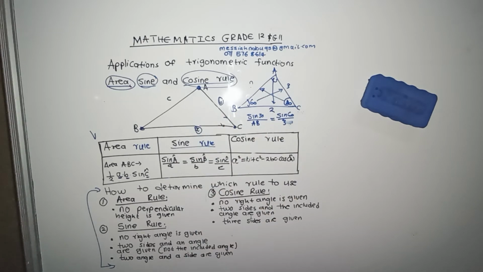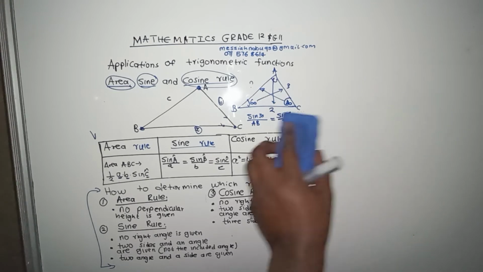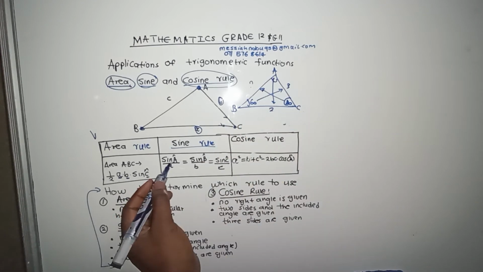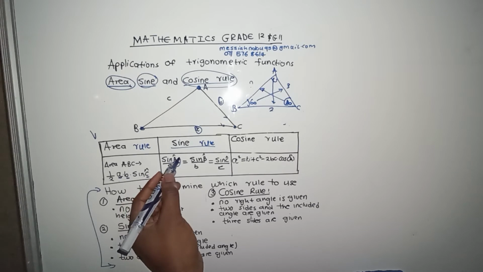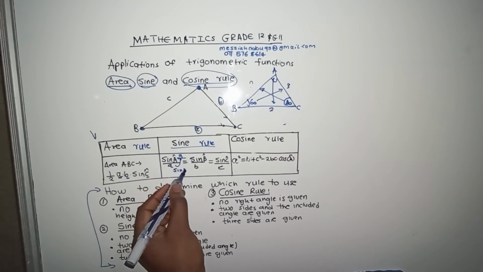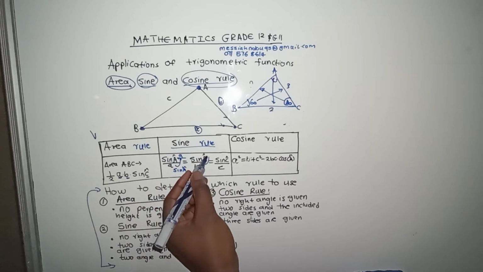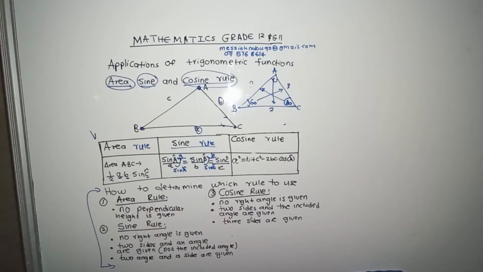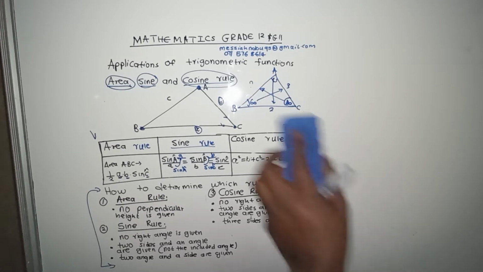The formula of the sine rule can also be represented the other way round. Instead of starting with sine of the angle, you can start with the side on top, divided by the sine of the angle underneath. Same applies here, B divided by sine of B. It is the same thing, and it's going to give you the same solution at the end. Done.